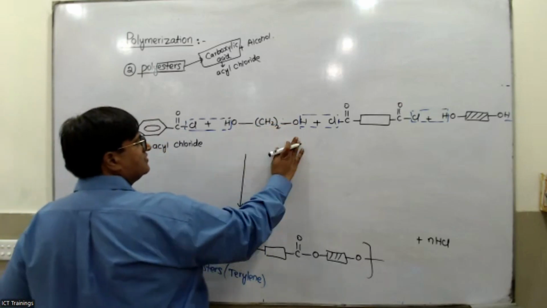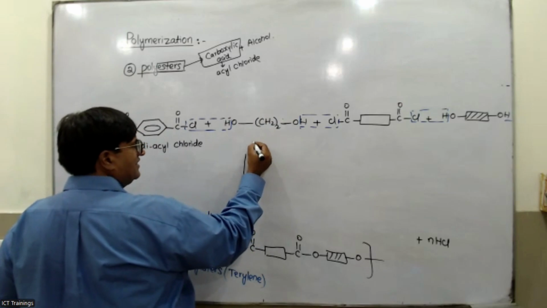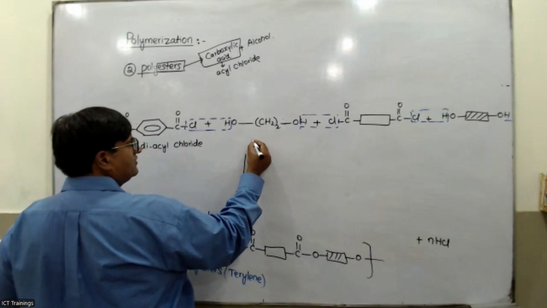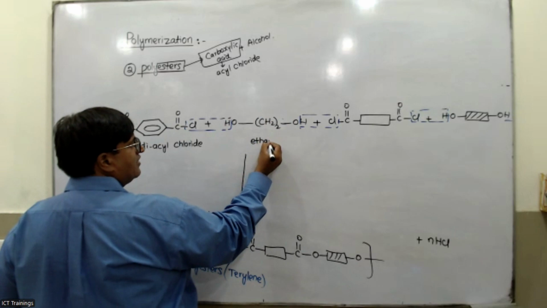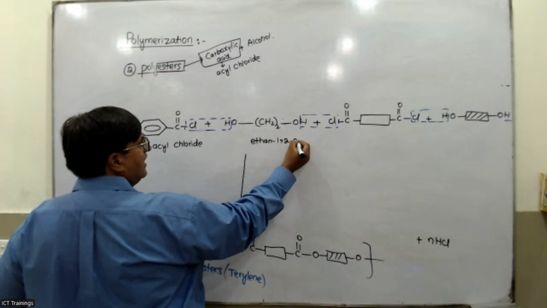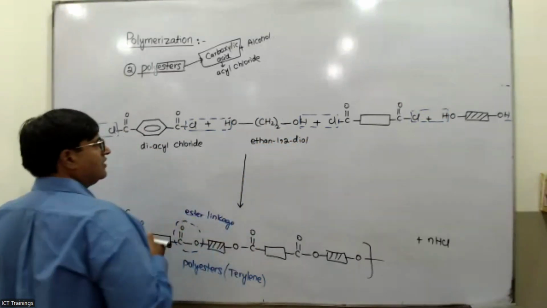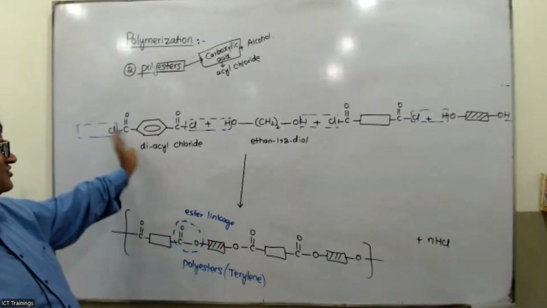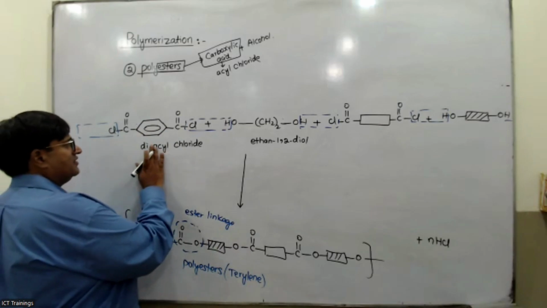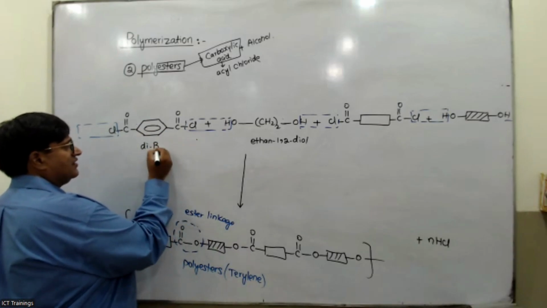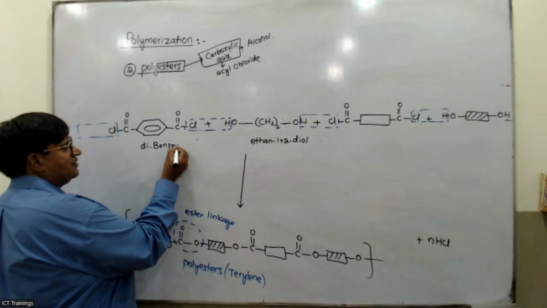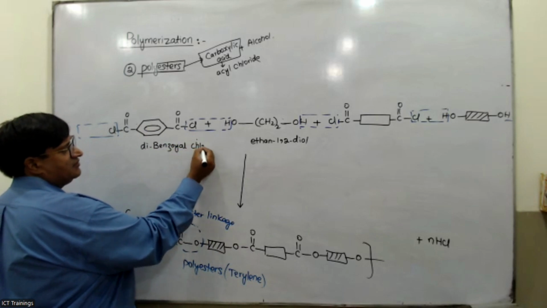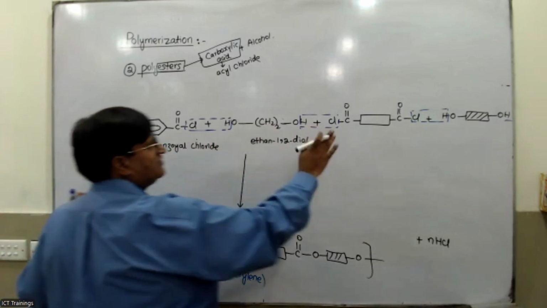So this is basically a diol, ethane-1,2-diol. This is benzene, and this is benzoyl chloride, dibenzoyl chloride. So this one is going to change.